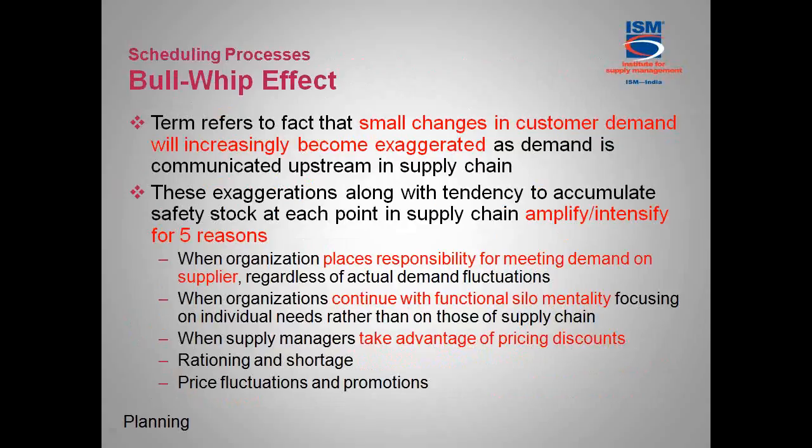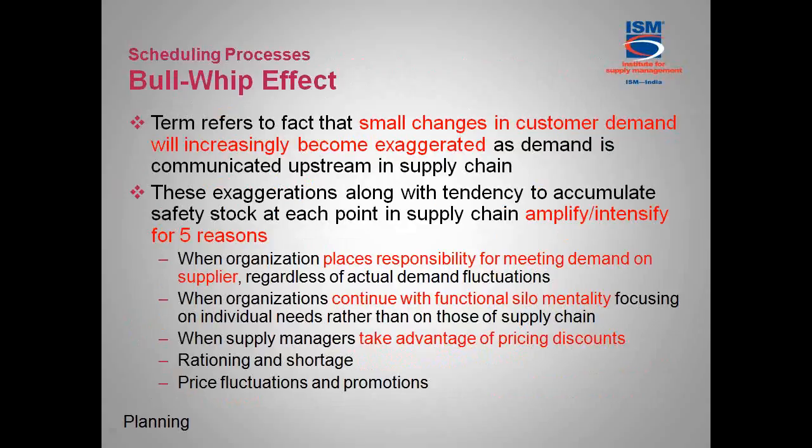Then there will be a bullwhip effect, because the responsibility of meeting the demand is on the supplier. The supplier will keep more and more inventory. If demand is less, he will accumulate the inventory, and in the next cycle, he will use the same inventory. So he will reduce the inventory, and then he can reverse the bullwhip effect.